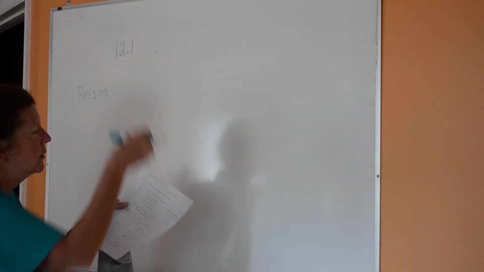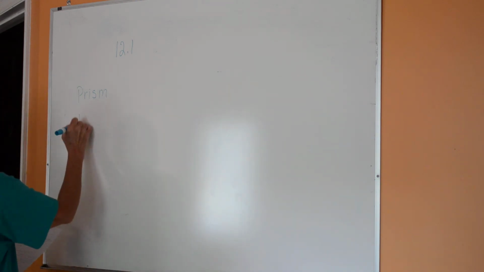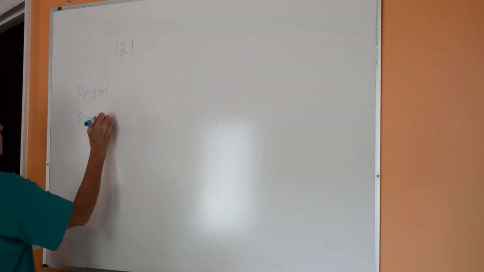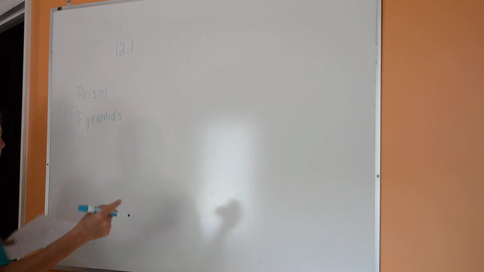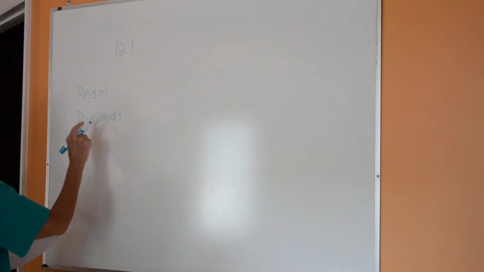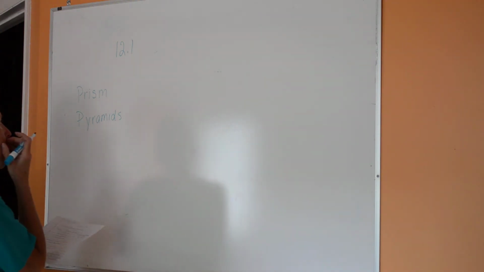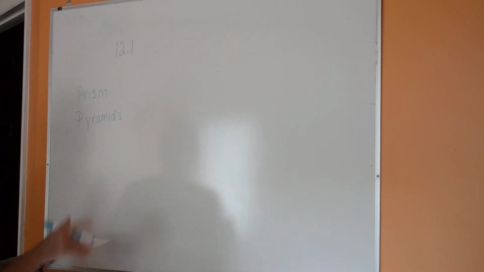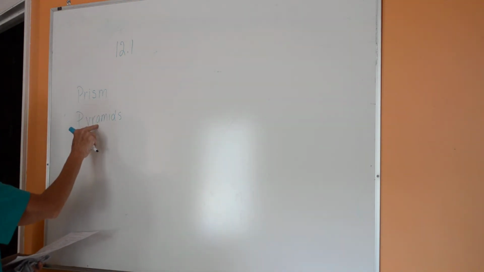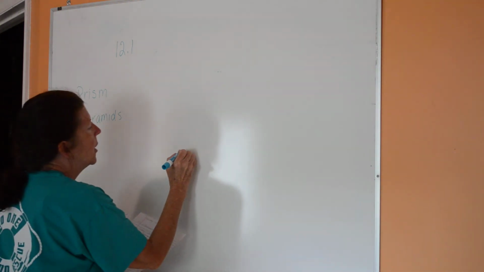So you have a prism, and all the different parts of a prism. You have pyramids. Just like you have triangular prisms where your bases would be a triangle, you have triangular pyramids. You have octagonal prisms. You have octagonal pyramids. The difference between those is that this comes to a point and that doesn't. I hope you understand what I mean by comes to a point.